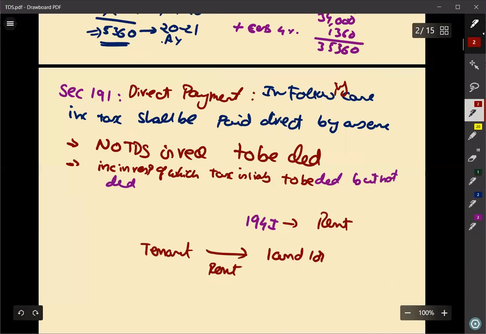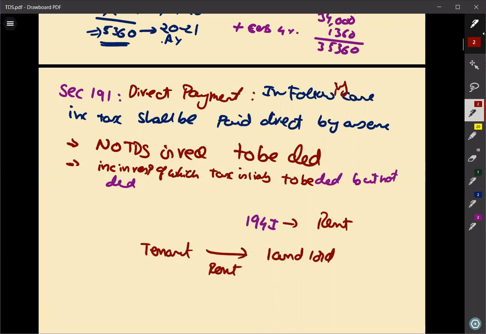Whenever any tenant is paying any sort of rent to the landlord, it is a subject matter of TDS under section 194I.